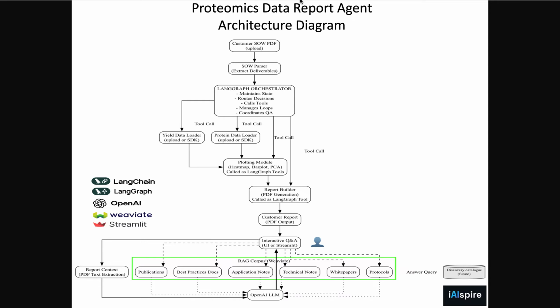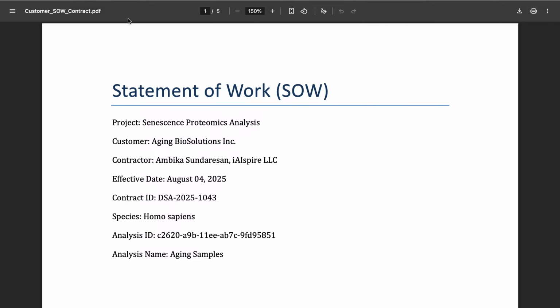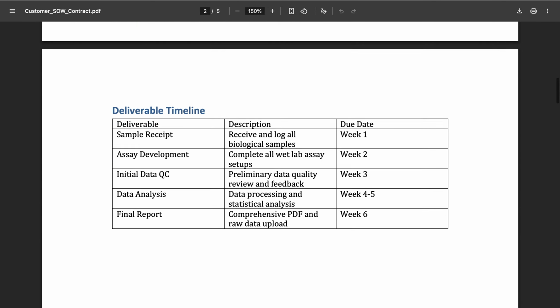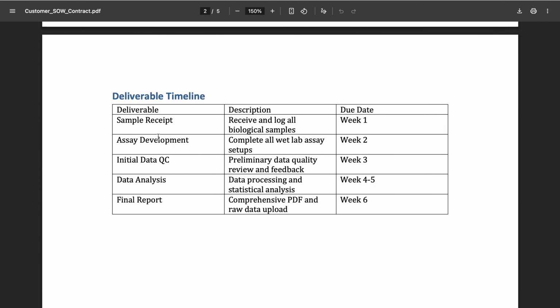Okay, so I also want to give a brief overview of the statement of work that a customer might be providing. In this case, all of this is made up data, the customer is Aging Biosolutions, and they might have several deliverables covering different teams, maybe assay development and other teams within the company.